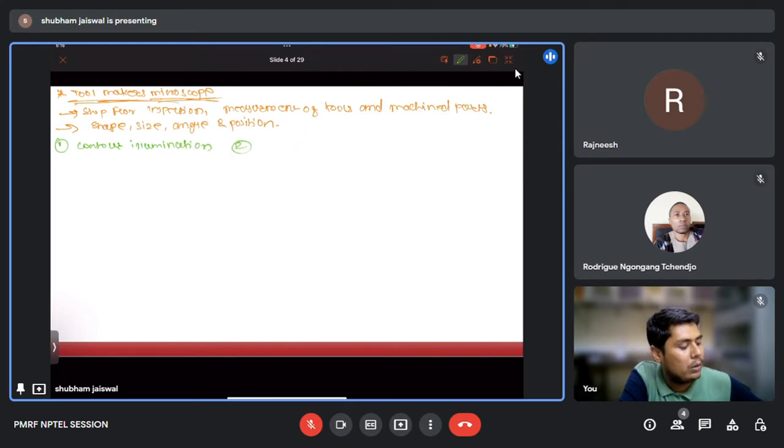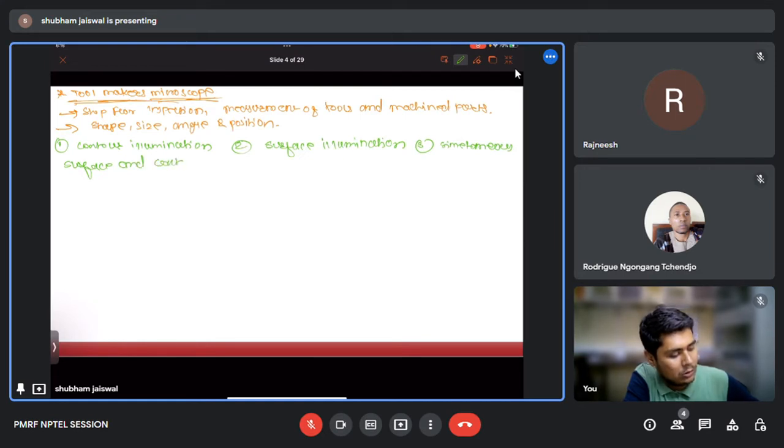Then second, the surface illumination. And third one is the simultaneous surface and contour illumination.